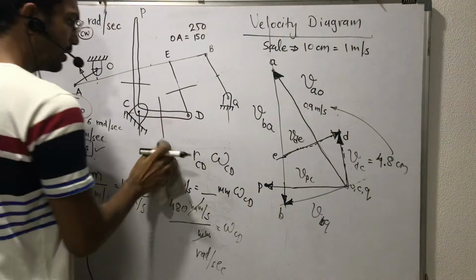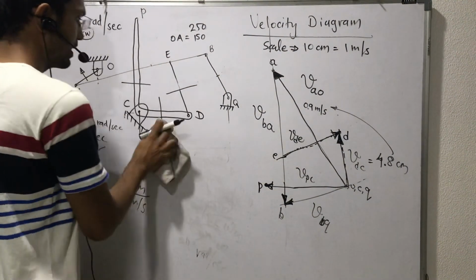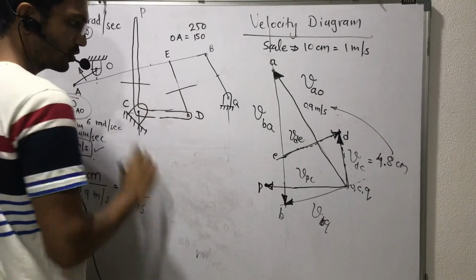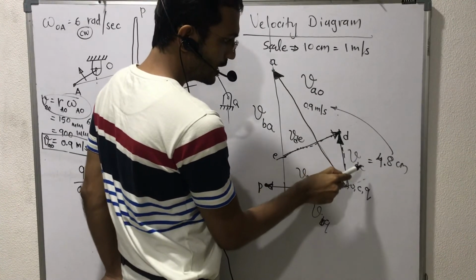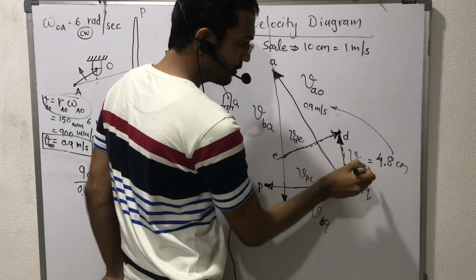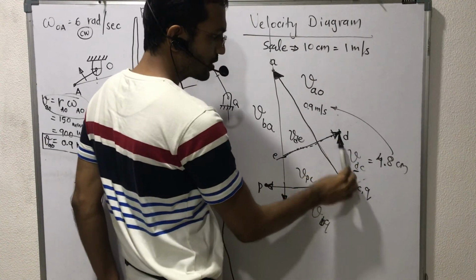Now let us find the direction of the angular velocity of PCD. For direction, again let us focus on CD. CD is this one. So that is the velocity of point D, the velocity of D with respect to C. So that is called the velocity of point D only. It is towards the upside.